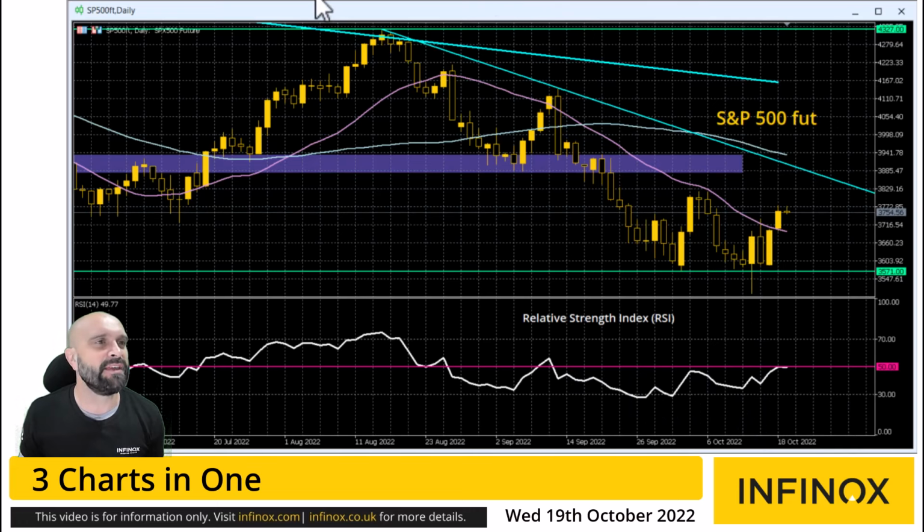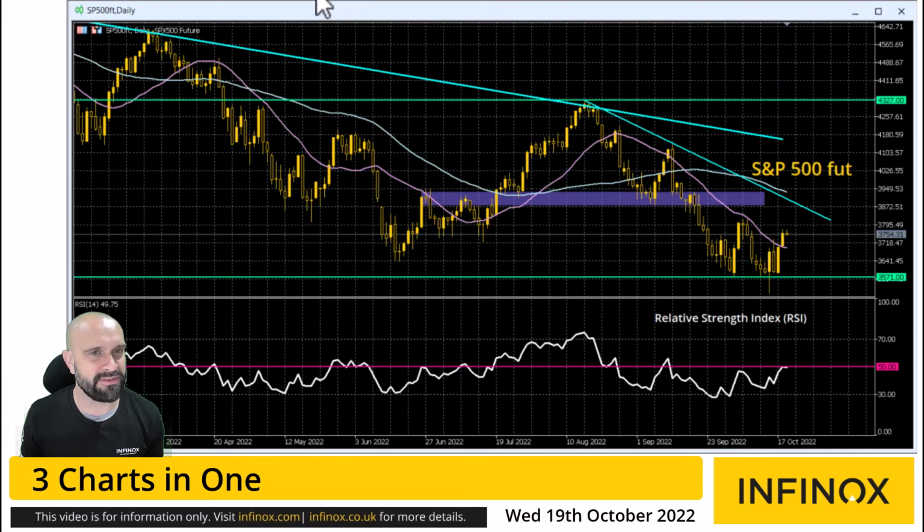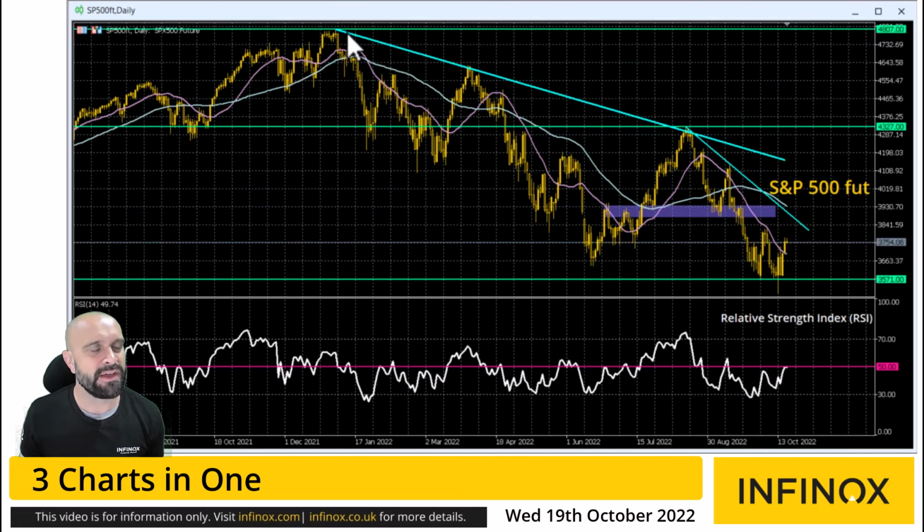And what we do see on this S&P 500 futures, throughout 2022, obviously the big downtrend is in play, but you do see these runs where the market just rebounds quite strongly and quite quickly. So we've had that on several occasions actually. Obviously the big one was between June and August time, then selling off.